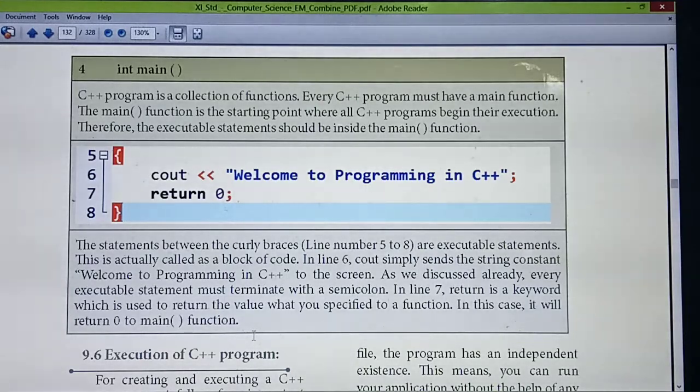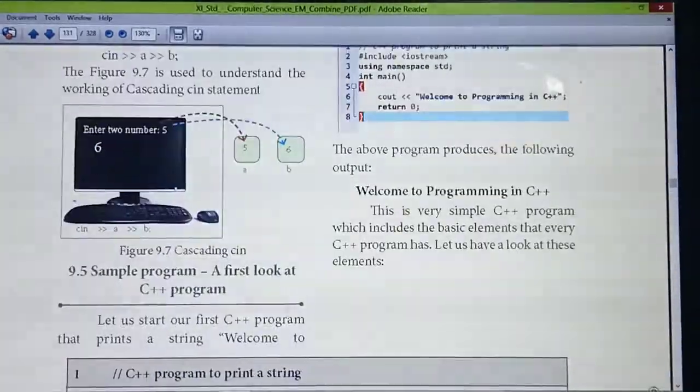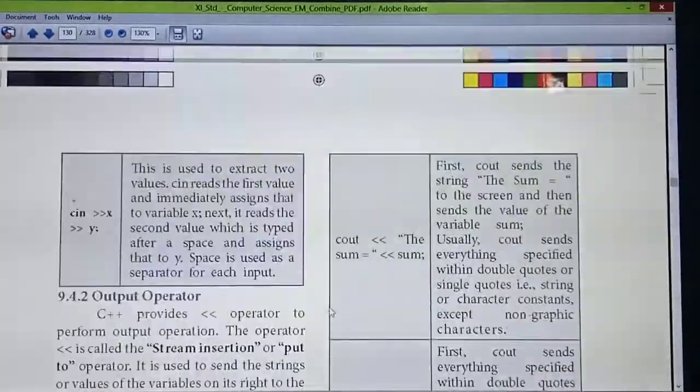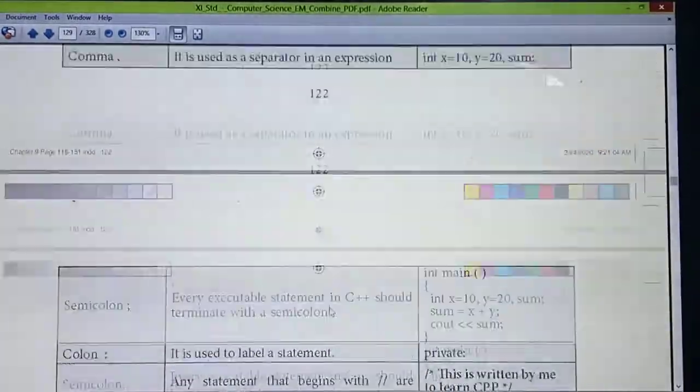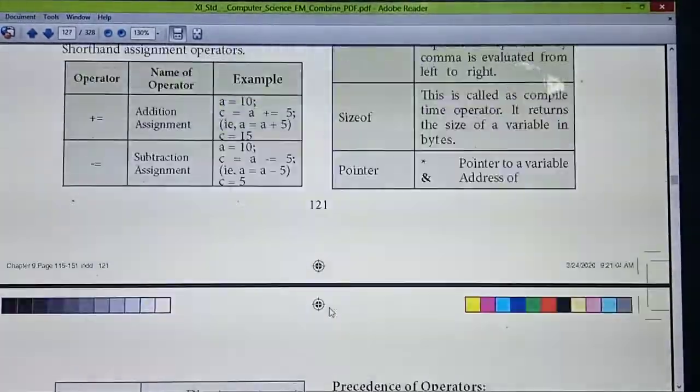Have you all marked? Then the detailed question: write about binary operators used in C++. Take page number 120, a very, very important question.